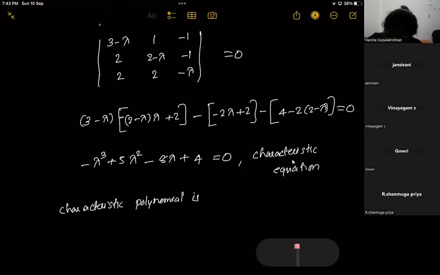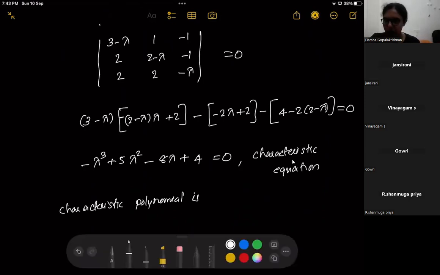So we will write it in terms of p of x, it is a function, or p of lambda. I can write p of lambda equal to minus 1 power 3. If it is an n by n matrix, we write minus 1 power n. Here it is a 3 by 3 matrix, so minus 1 power 3 into determinant of A minus lambda I. This is the characteristic polynomial. If we equate this to 0, then it is the characteristic equation.